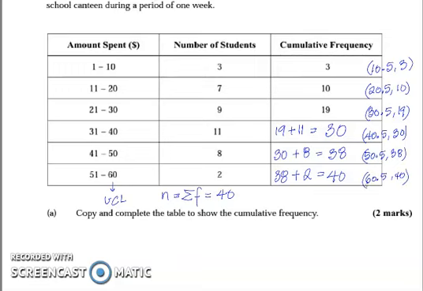So these are the points we would need to plot in order to draw our cumulative frequency curve. It is the upper class boundary on the horizontal axis and cumulative frequency on the vertical axis. All right, so let's go down to the graph sheet.